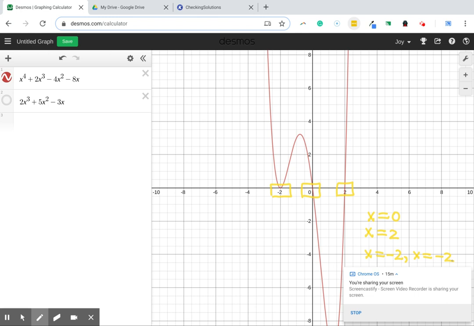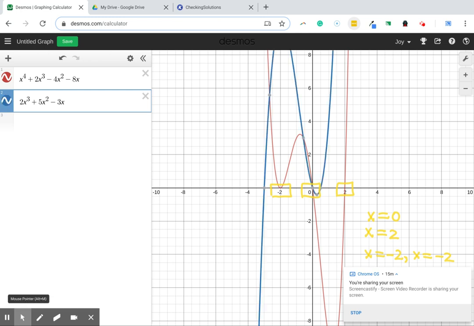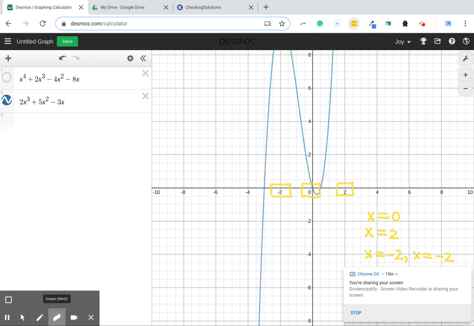To look at the second graph, I am going to kind of wipe out where we started with from our original, and let's go to maybe green. And it looks like we've got a solution here where we're passing straight through. We've got a solution at 0 where I'm passing straight through.